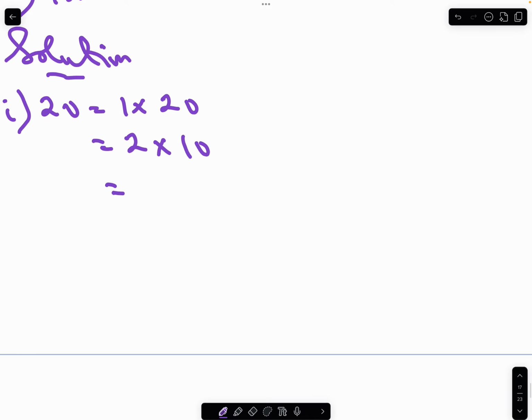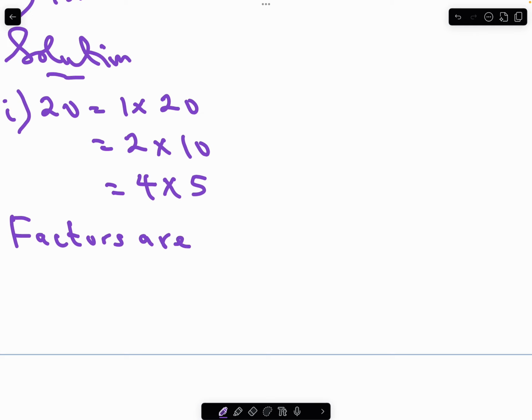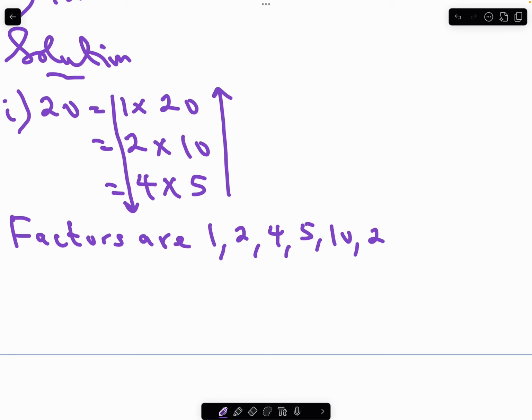You check 3, 3 cannot divide it, so you go to the next one, which is 4, 4 times 5, and that's all. So the factors are, writing the numbers from the top to the bottom and then from the bottom up: 1, 2, 4, 5, 10, and 20 itself. Those are the factors of 20.